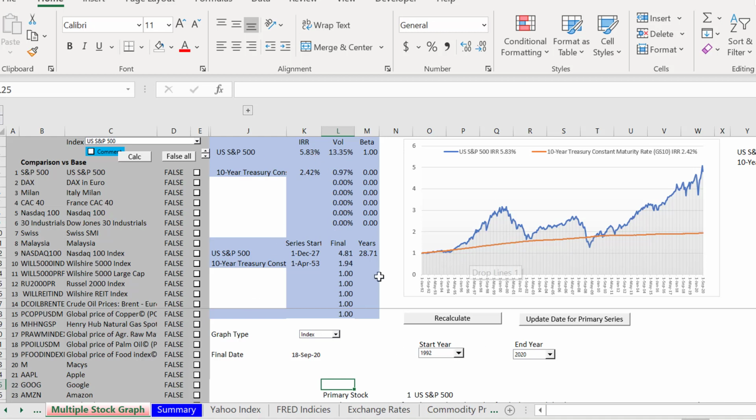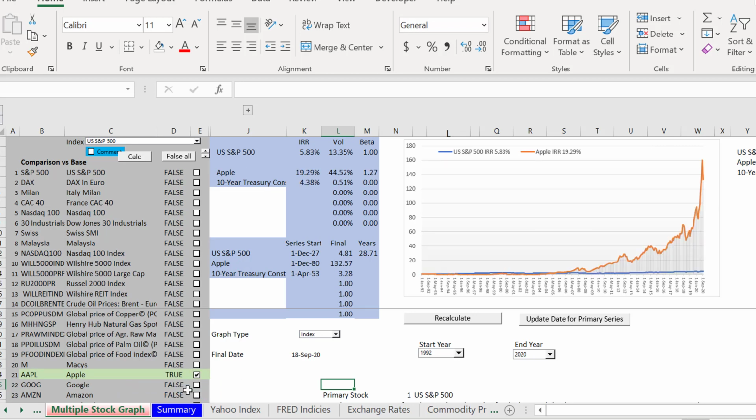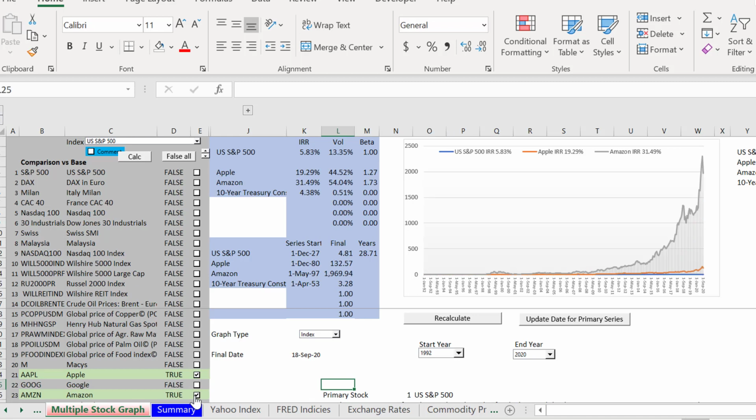I'll leave the bonds there, but then let's look at Apple and let's look at Amazon, the two remarkable stocks. Apple started in 1980.